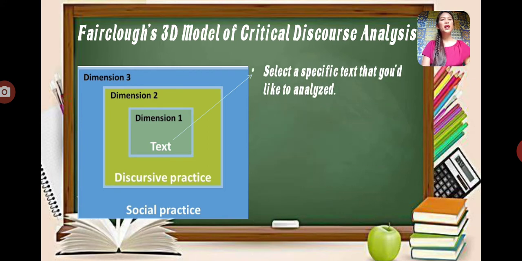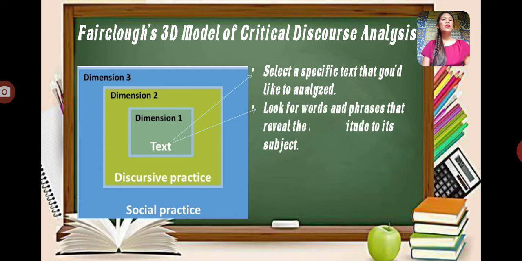First we have to select a specific text that you'd like to analyze. For example, a text could have both written language and images. Second, we have to look for words and phrases that reveal the text's attitude to its subject. Say you look at a piece of political journalism about the president.